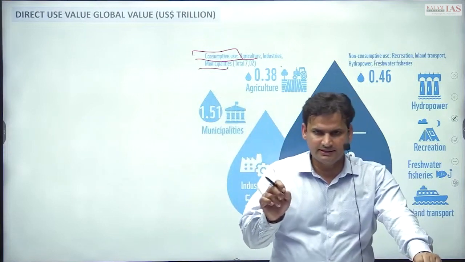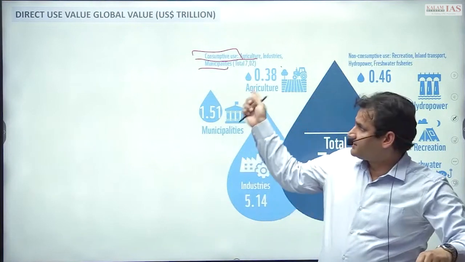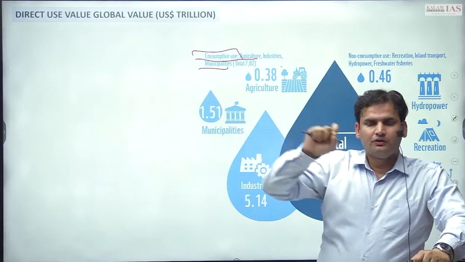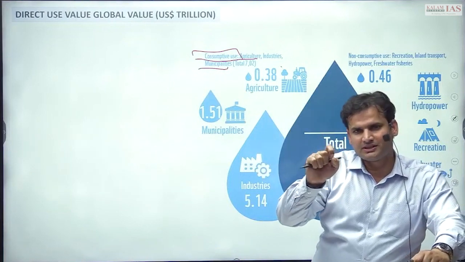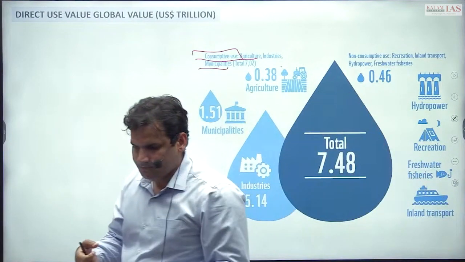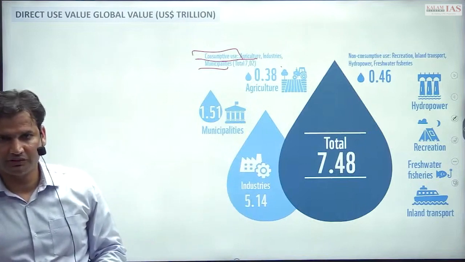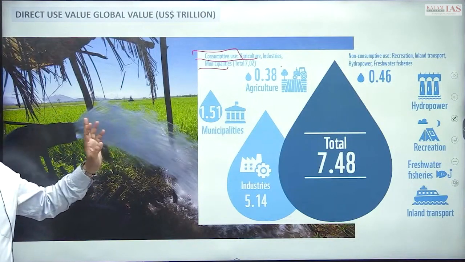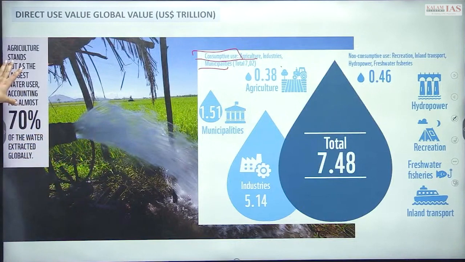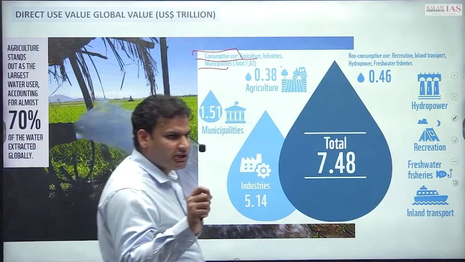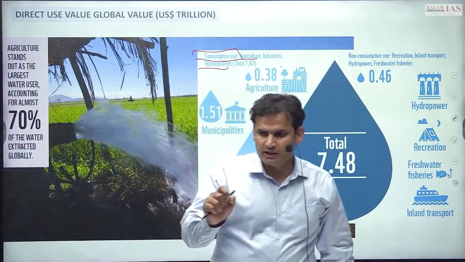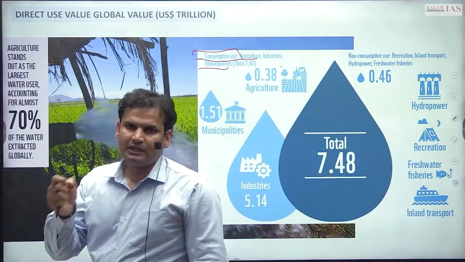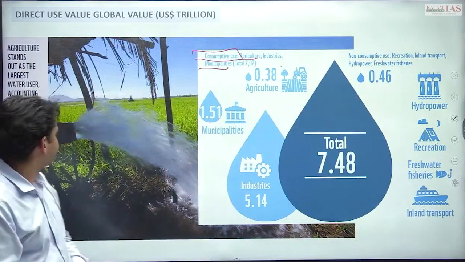We had already seen this. And out of this direct value, which is that segment which accounts for the most usage of freshwater resources? That is nothing but your agriculture, right? That is your agriculture. So this is again a very important point which you can directly quote in your mains, or which you can quote during your interviews if it is being asked, right?